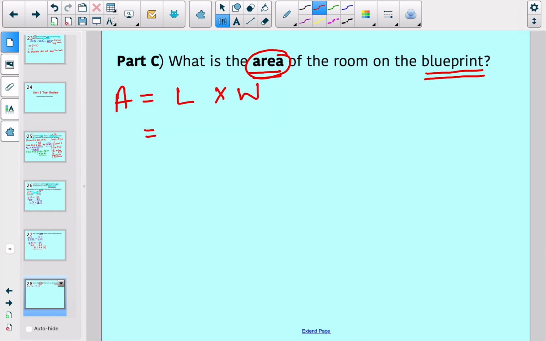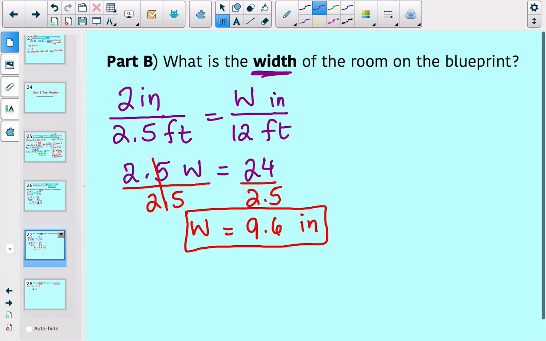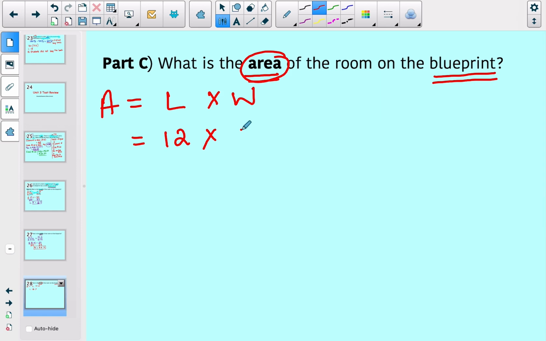My length was 12 inches and my width was 9.6, so it should give me 115.2 inches squared.